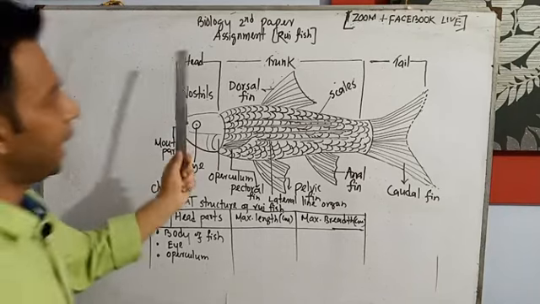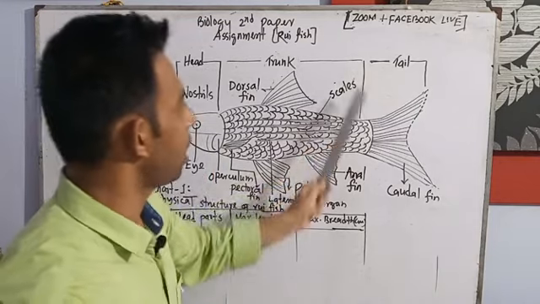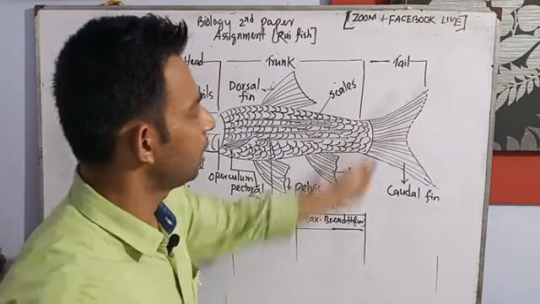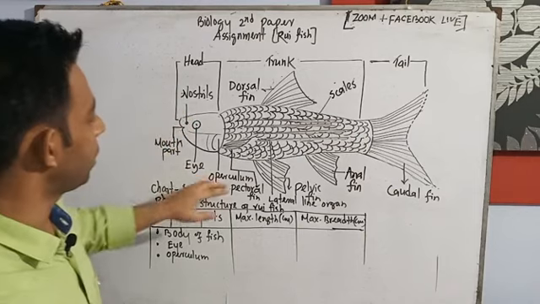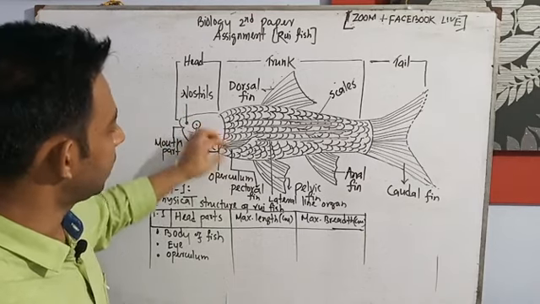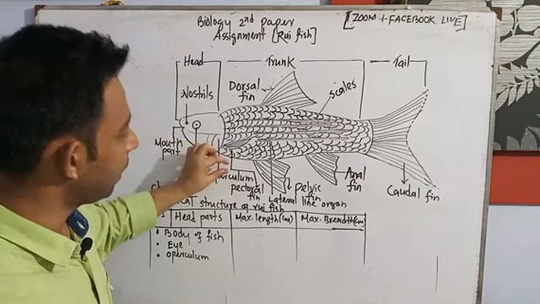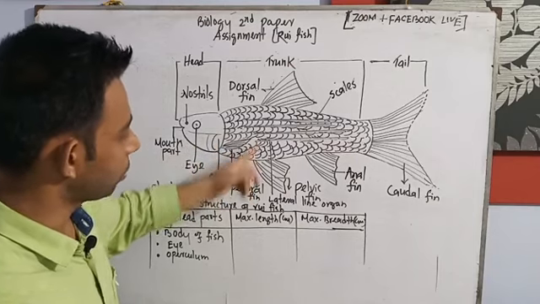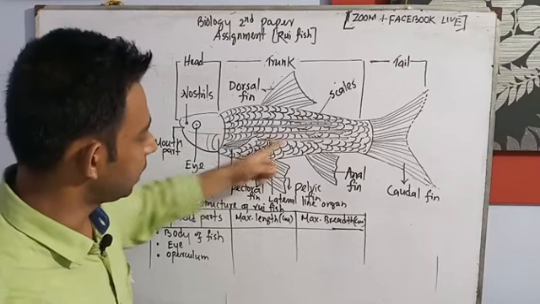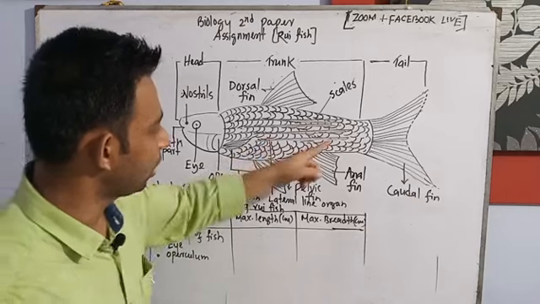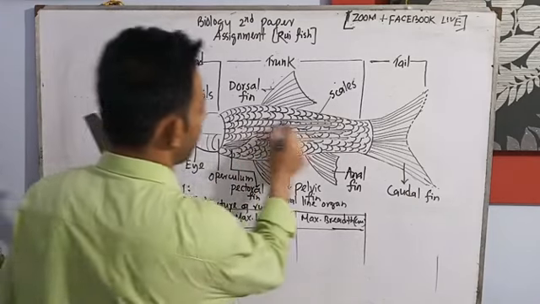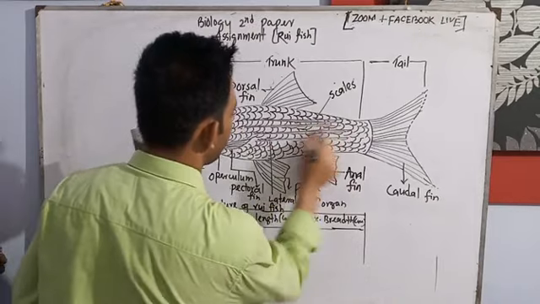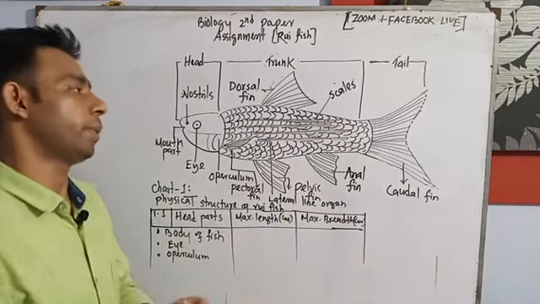Rui fish: the head, this is the trunk, and this is the tail. Nostrils, eyes, mouth parts, and operculum are there, and the pectoral fin, the chest fin, is also there. Then this is the lateral line organ. It may not be visible in the video, but this lateral line in the body of the Rui fish is visible after taking a fish.